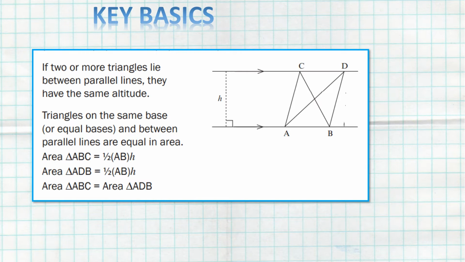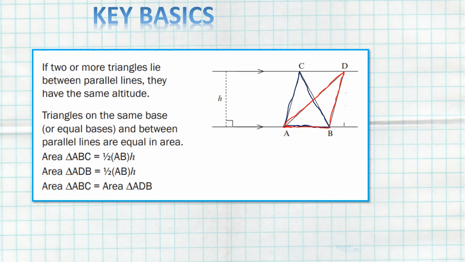We have triangle ABC. Take a look at triangle ABC. Here it is, right? And we also have triangle ABD. You see ABD. They are found between parallel lines. It means that they have the same height, right?